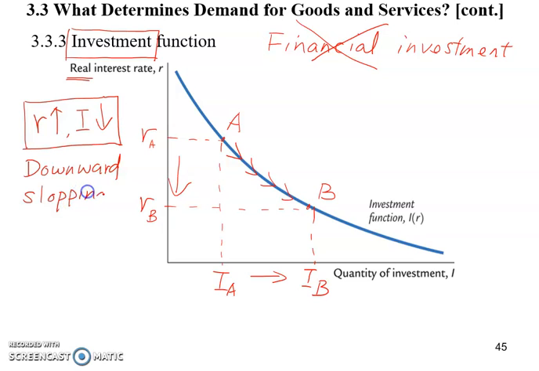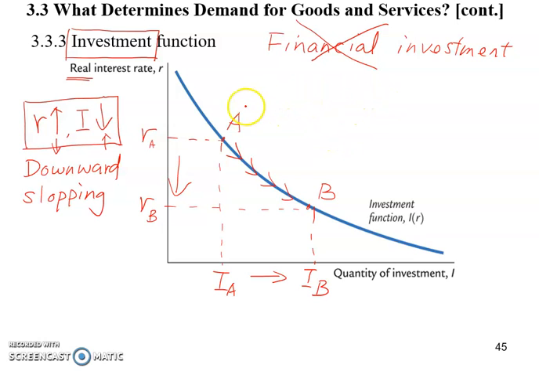When the interest rate goes down, the investment goes up, but vice versa, when the interest rate goes up, investment goes down. These are just two sides of the same coin. Once you prove one, the other would automatically be true.